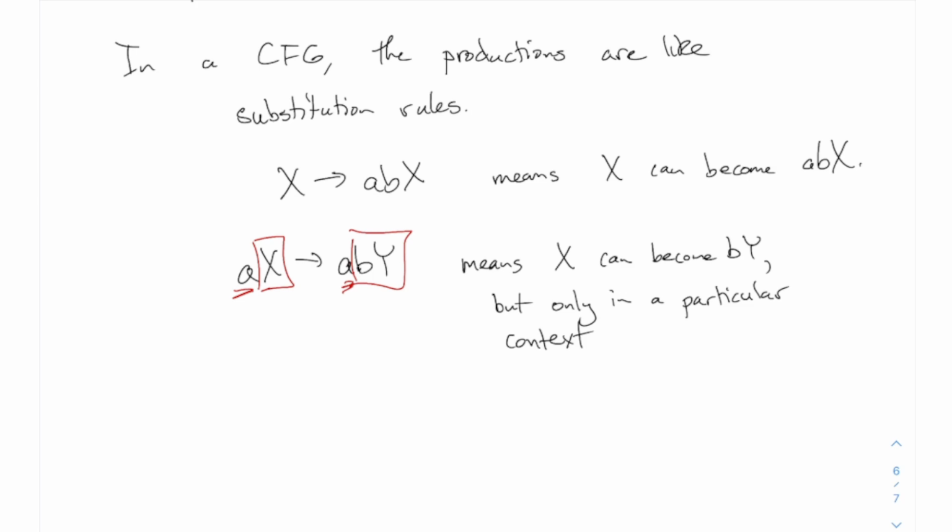That is, only if it comes after a, all right? So context-free means you never have to consider the context. They're just like literal substitutions, and then you can make them whenever you want. That's why the word context-free is used for those languages. All right, we're going to talk much more about context-free languages next time. I think that'll do.